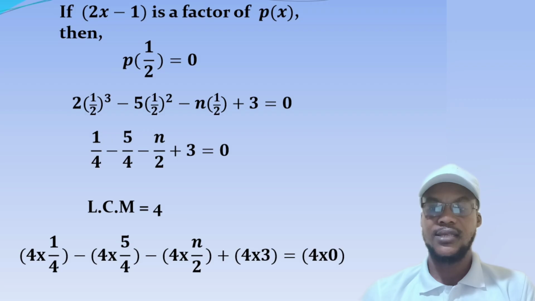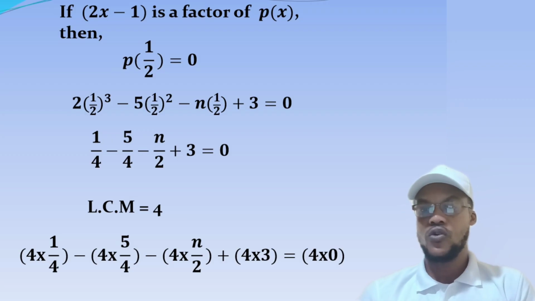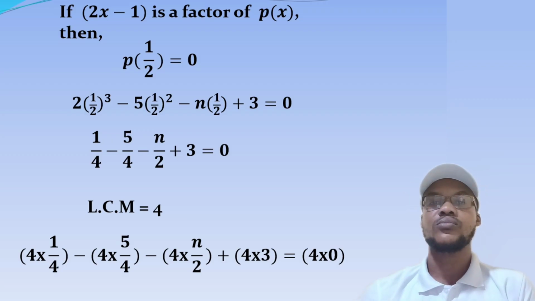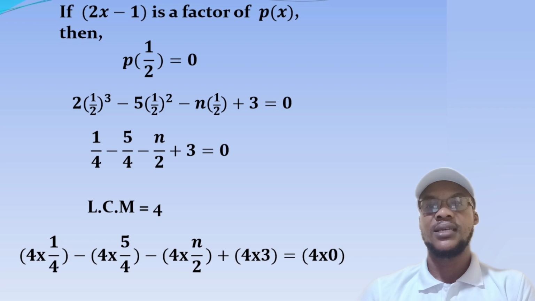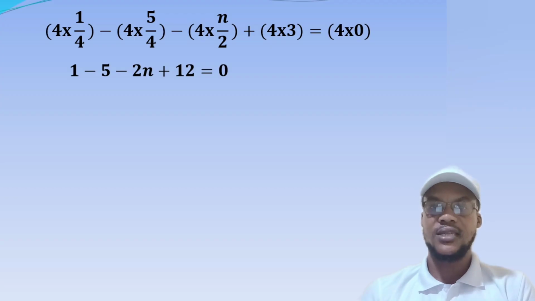So 4 multiplies 1 on 4, minus 4 multiplies 5 on 4, 4 multiplies n on 2, 4 multiplies 3, and 4 multiplies 0. And that gives us 1 minus 5 minus 2n plus 12, which is equal to 0.